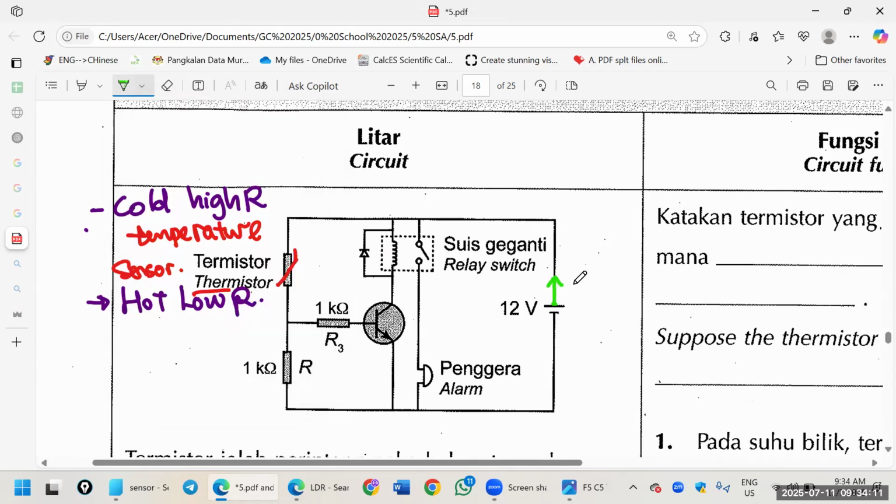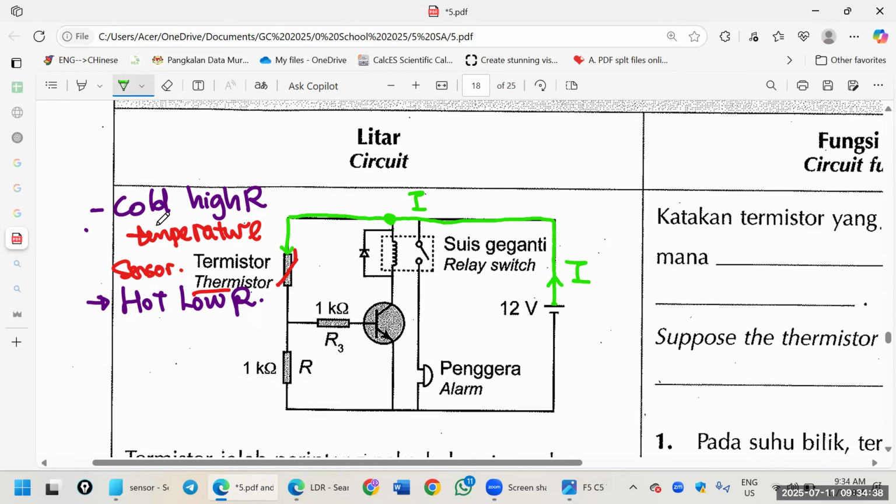Now you can see the current goes through here. You may wonder why there are two lines here. Don't care about this one first. The C is over here. What happens at the beginning? The current will go left and continue.